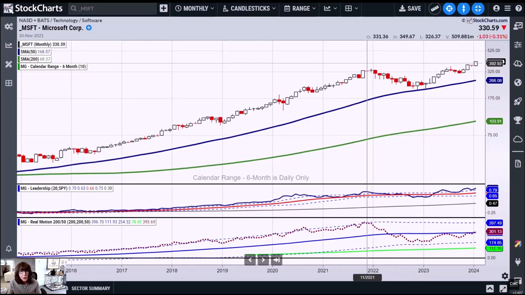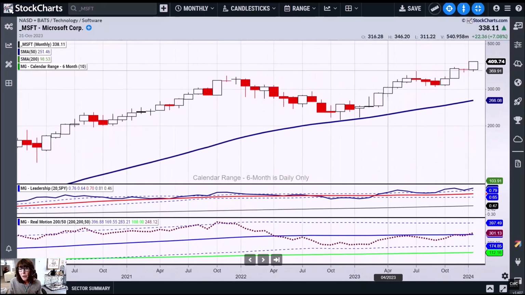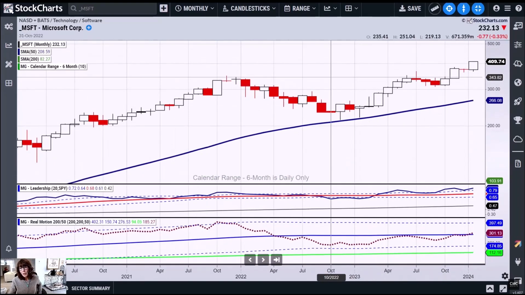So if you're going to take that high of 350 and you're going to add about $135, that's going to put you at about 450, kind of like more closer to maybe 500 or 485. So that's kind of like what we're looking at right here is maybe 450, 485 is where this is going.